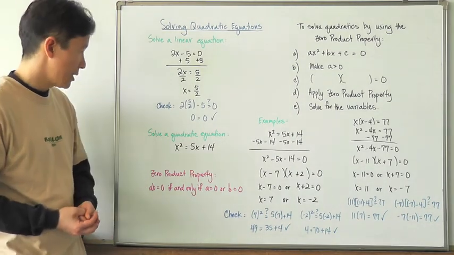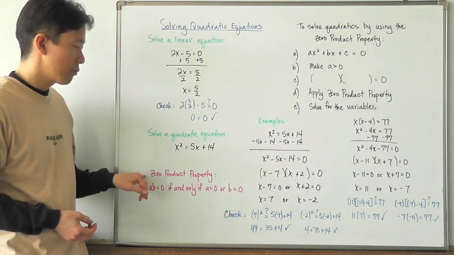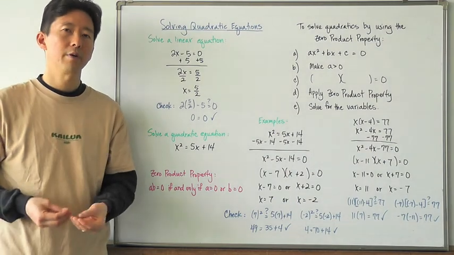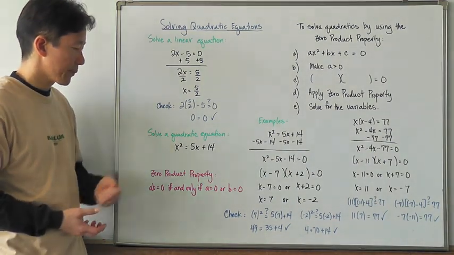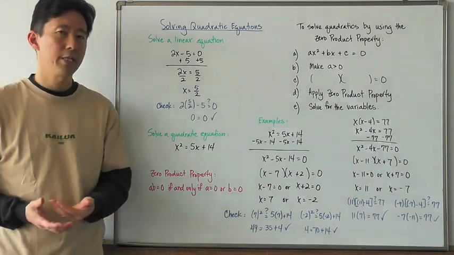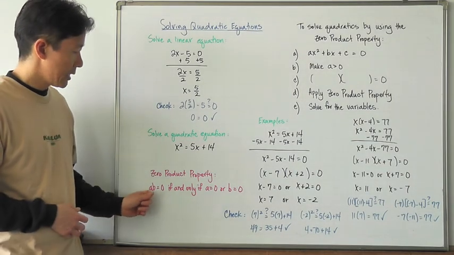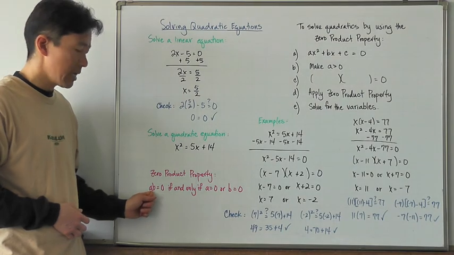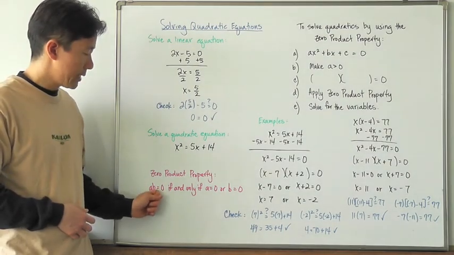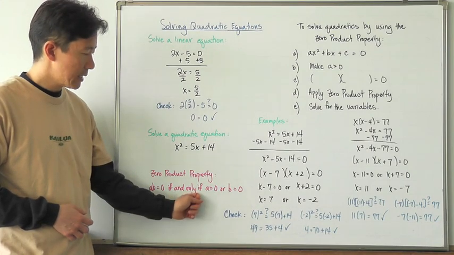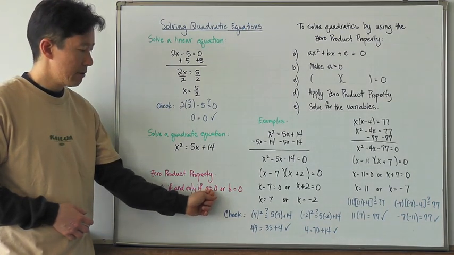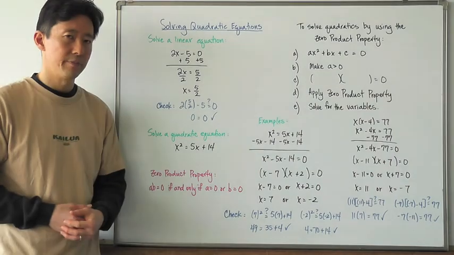We need to use a different property called the zero product property, and this property will help us solve a quadratic equation. Now, the zero product property states this. It says if you have two quantities, a and b, and if you multiply them together and it comes out to 0, then that means that a is equal to 0 or b is equal to 0.